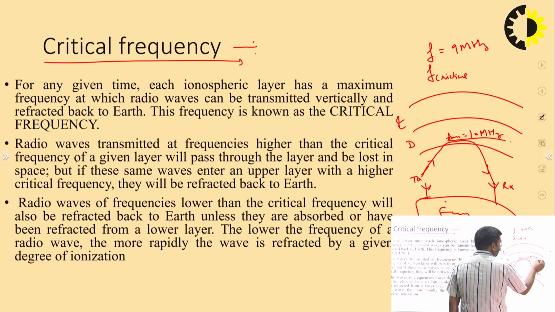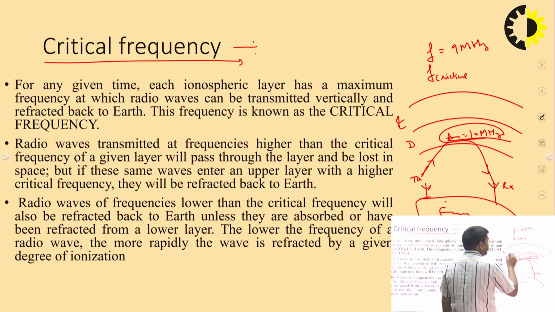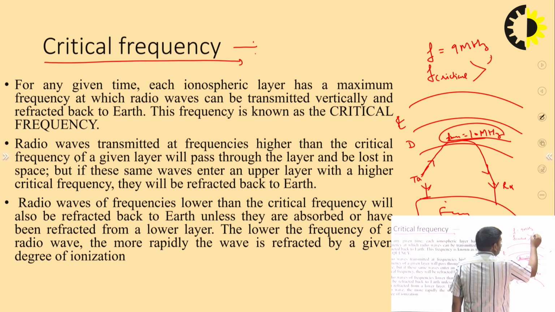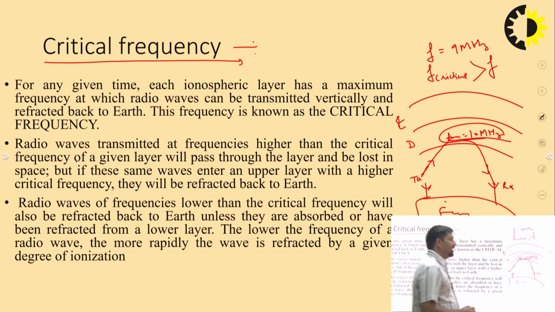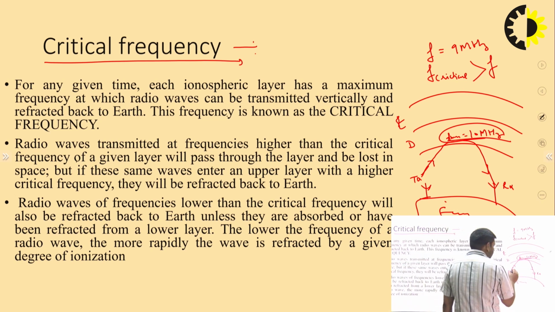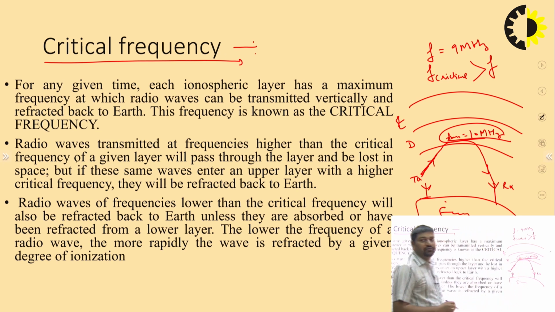Suppose the critical frequency is 10 megahertz for the D layer, so the critical frequency is more than the transmitted frequency. That means the transmitted wave will not be reflected by the D layer. So what is the significance of this? It is the maximum frequency you can transmit that will penetrate that particular medium and be reflected back to the Earth.